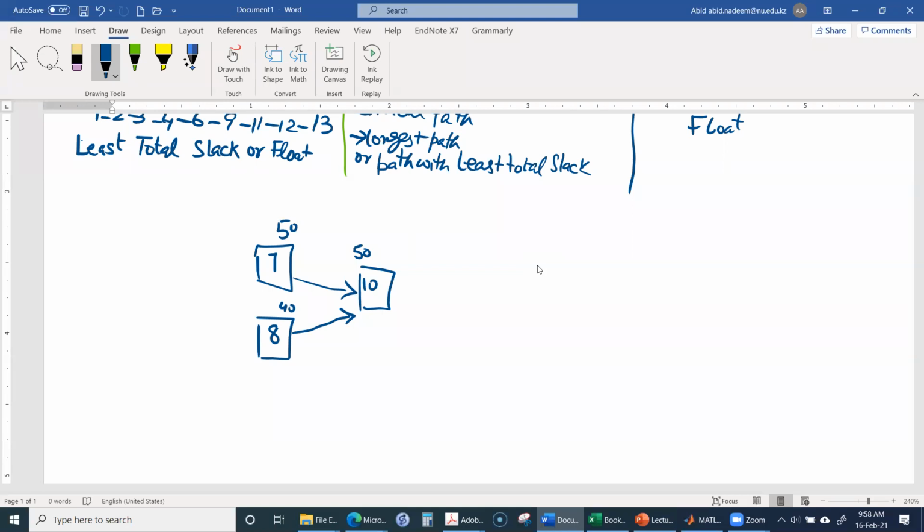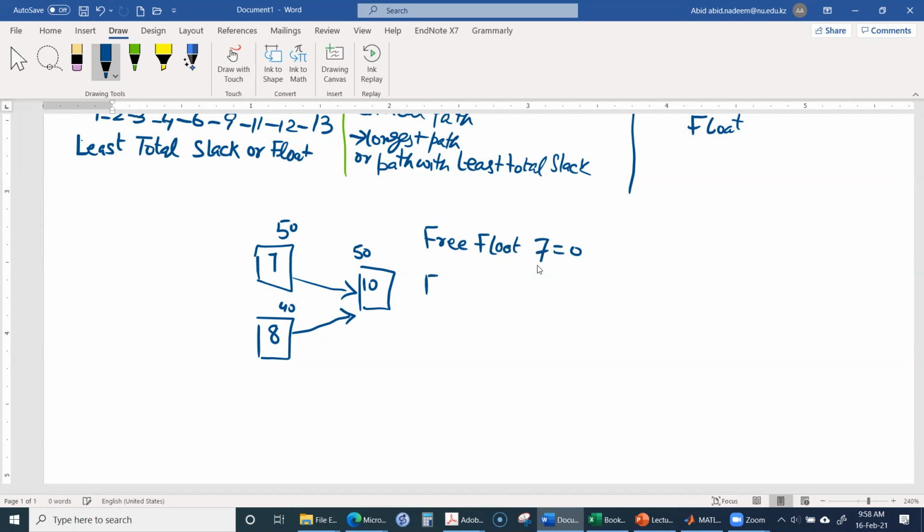So in order to calculate the free float of activity 7, we need to look at its finish time, which is 50, and we also need to look at the start time of the following activity, which is 10. Since both times are the same, the free float of activity 7 will be 0.